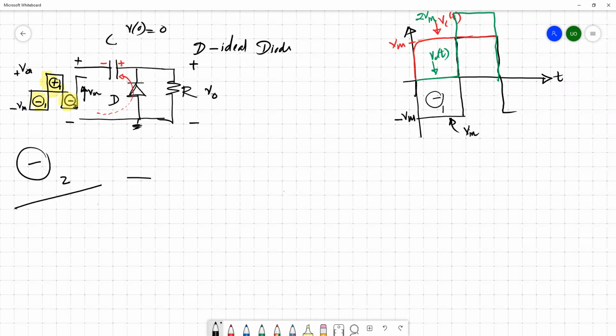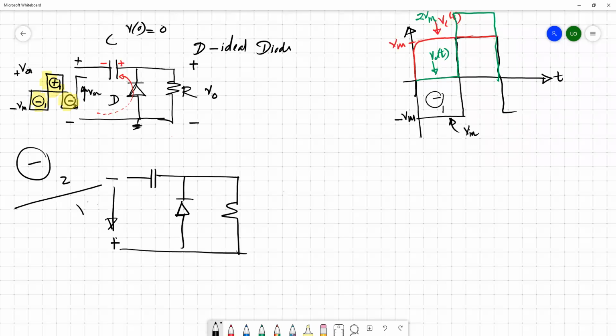So we have the capacitor, resistor, and diode. Now the input is something like that. This is already charged to Vm. So we have R and D.